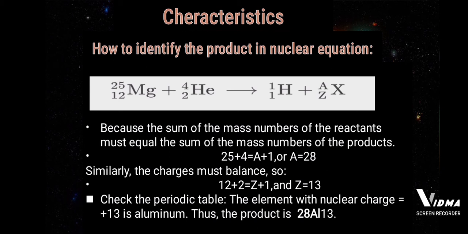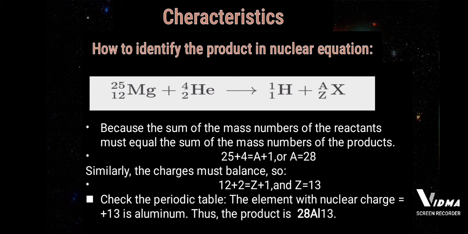In this equation, the sum of the mass numbers of the reactants must equal the sum of the mass numbers of the products. Magnesium has a mass number of 25 and helium has 4, where X is the unknown element, and 1 from the proton.